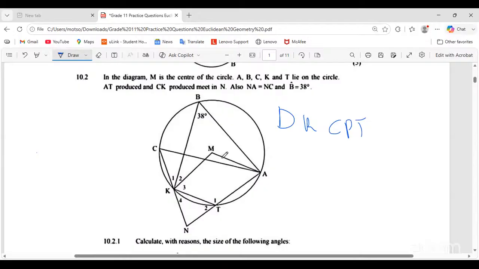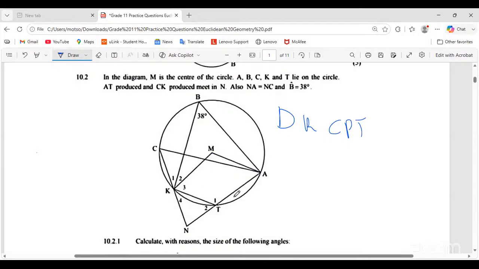Now, this is why it is important for you to always first start reading the statement that you are given. Now, let's go through it. In the diagram, M is the center of the circle, so now we don't assume. We are given that M is the center of this circle, right? A, B, C, K, and T lie on the circumference of the circle.